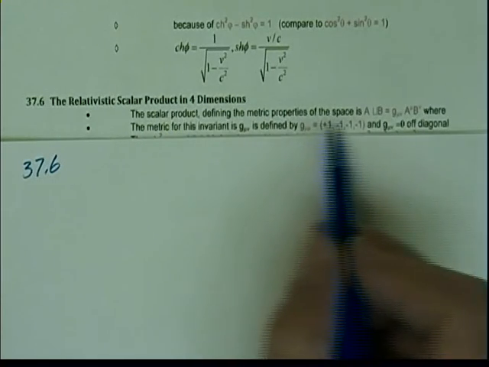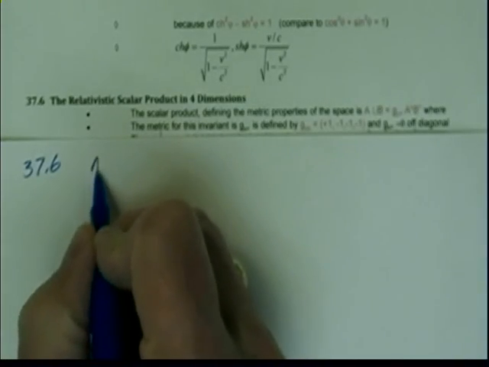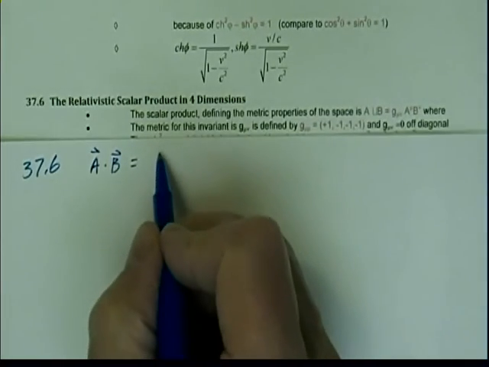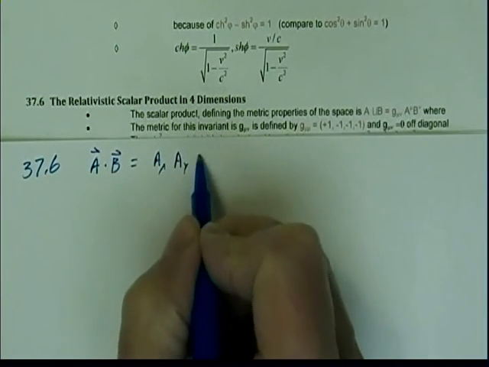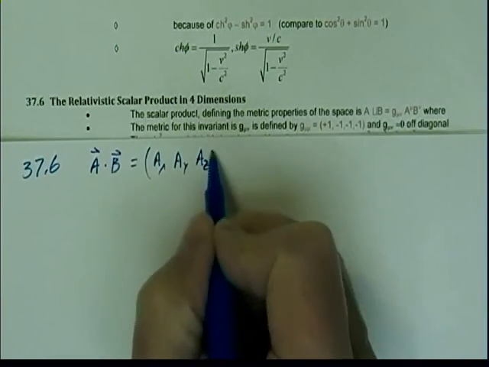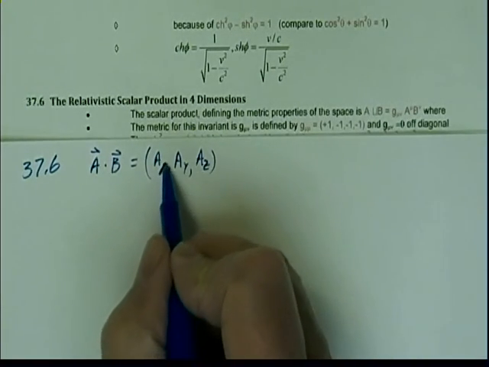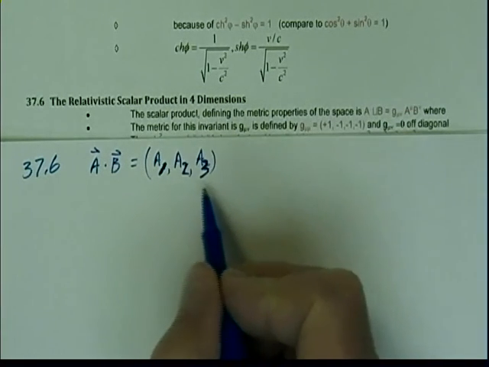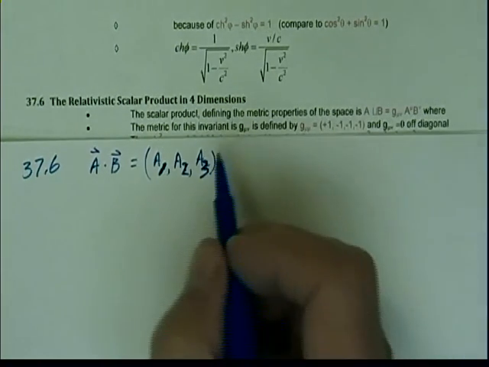I want to talk about the scalar product. You're familiar with the scalar product, like a vector A dotted with a vector B. Vector A will have components AX, AY, and AZ as an ordered triplet of numbers, or better yet, we could write them as A1, A2, and A3. This is better than using X, Y, and Z, but we know that these are the X, Y, and Z components.